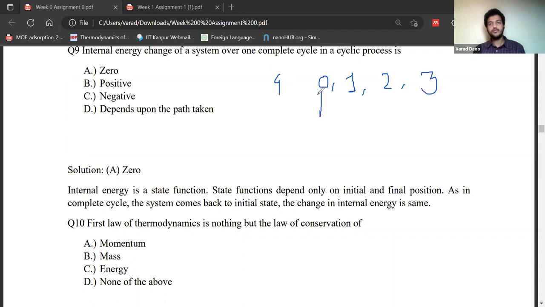So what does the zeroth law say? That if system A is in equilibrium with system B and system B is in equilibrium with system C, that means A and C are in equilibrium.